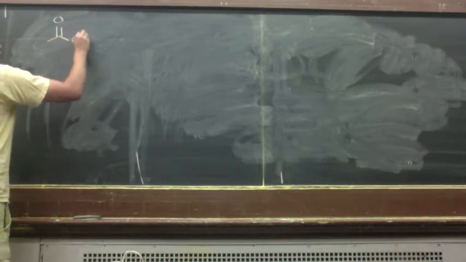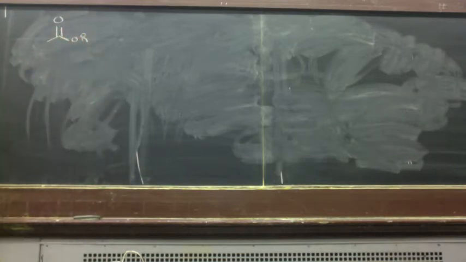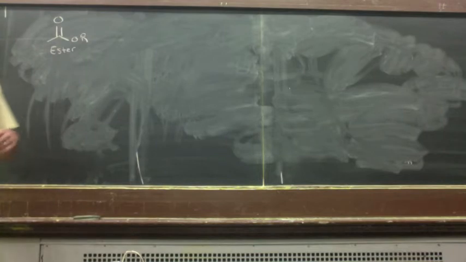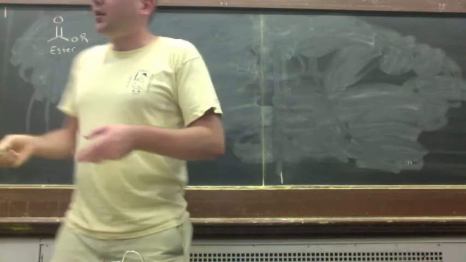So again, if you have a carboxylic acid derivative, but instead of an OH, you have some O-alkyl group, like a methyl group or an ethyl group, what's this overall group called? An ester, right? That should be one that perhaps you've picked up. Every once in a while, you'll hear a term.